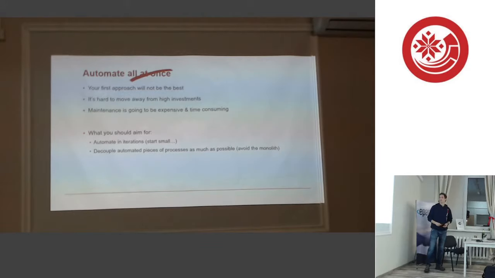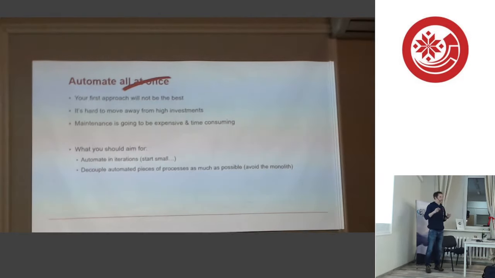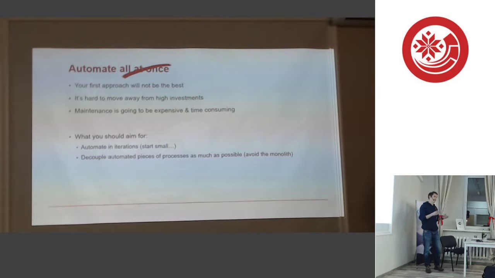And also, what's very important is that you try to decouple the automation parts and processes into smaller pieces, so that you can really distinguish what part of the process that you have from your local machine to production that you want to automate, and don't try to make dependencies on the pieces that you're automating.